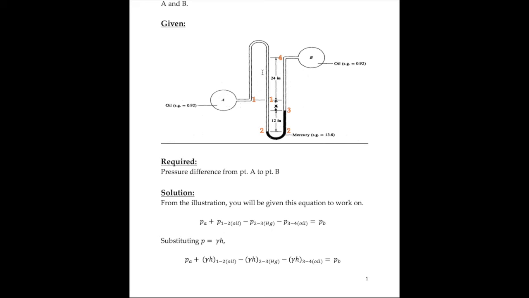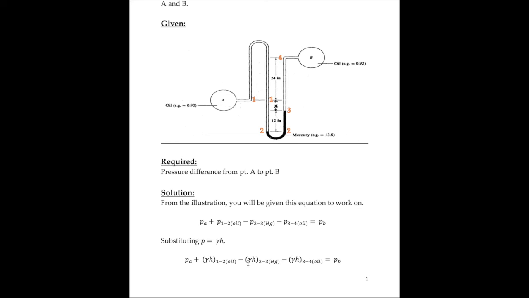Since pressure is not given from point 1 to point 4, you have to expand the formula for pressure, which is pressure equals the specific weight multiplied by the height. From point 1 to point 2, you have to consider this part, which means the specific weight of oil multiplied by the height of the oil.